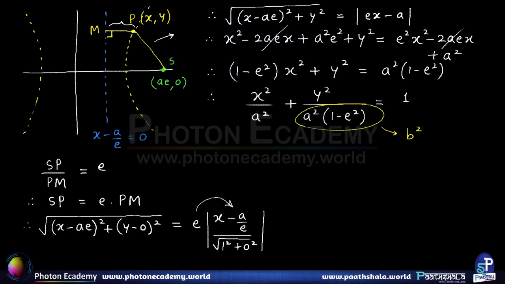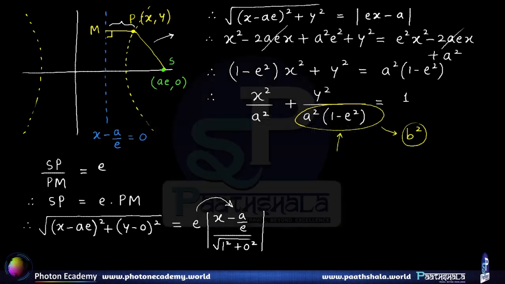But now here we can't do that, simply because b square, since it's a square of some real number, has to be non-negative. But if you look at the term 1 minus E square, since for hyperbola E is greater than 1, therefore we have E square greater than 1. So therefore 1 minus E square turns out to be less than 0.